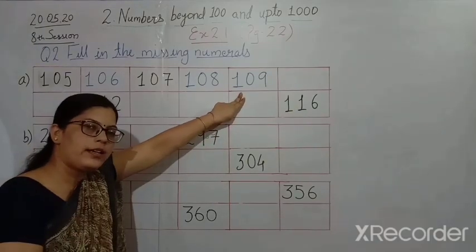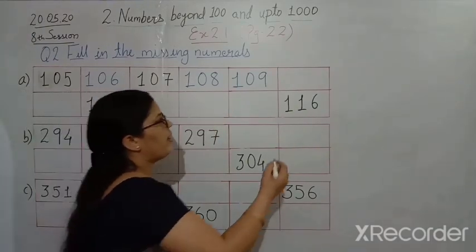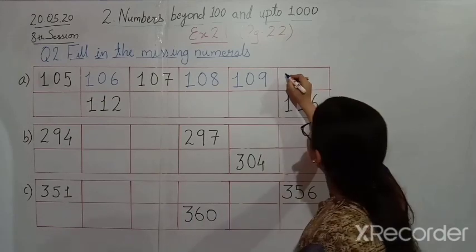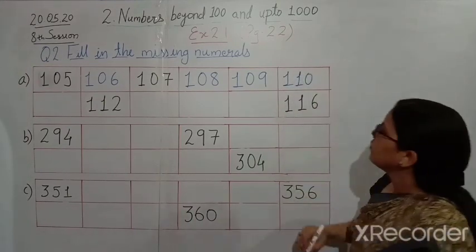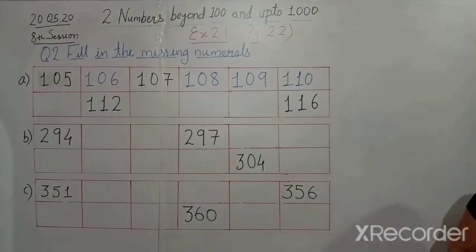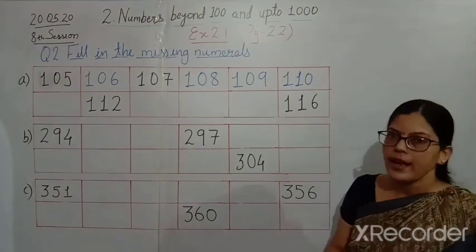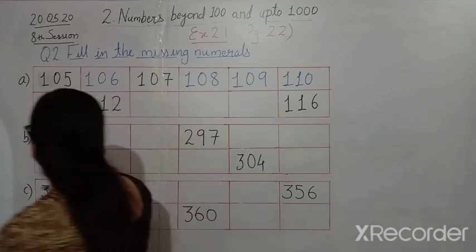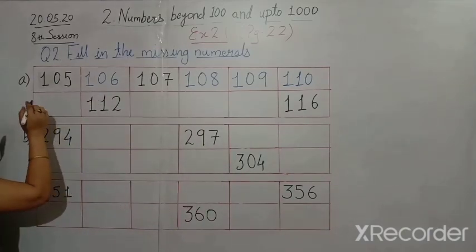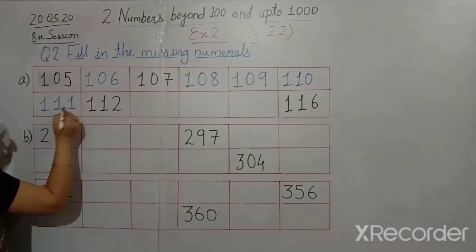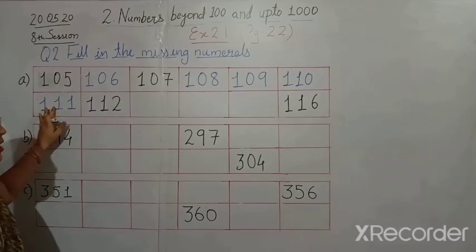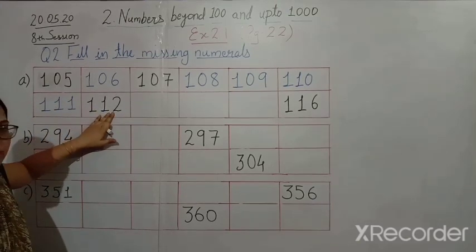What comes after 109? It is 110. Okay, 110. Now after 110 we write 111. Then 112 is given.